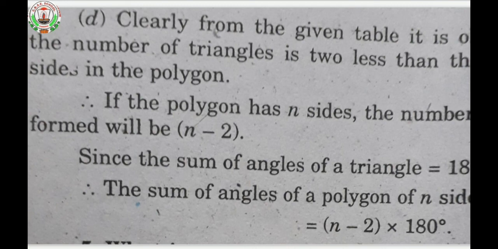That means when the value is n itself, the formula will remain the same. So the interior angle sum of an n-sided polygon will be (n minus 2) into 180 degrees. So the solution of question number 4 is completed. In the next video I will give you the solution for questions number 5, 6 and 7 of exercise 3.1. Thank you everyone.